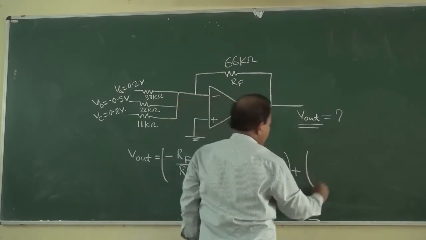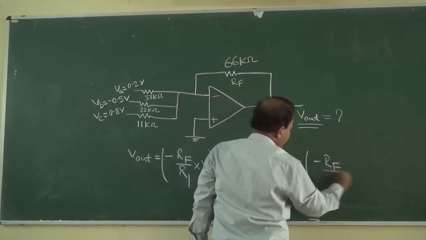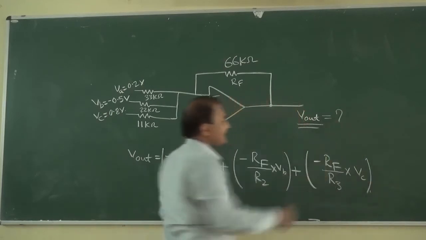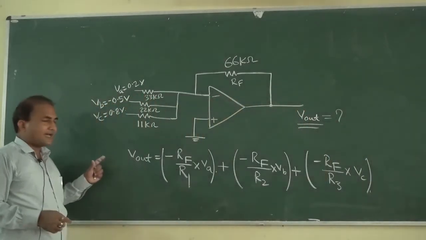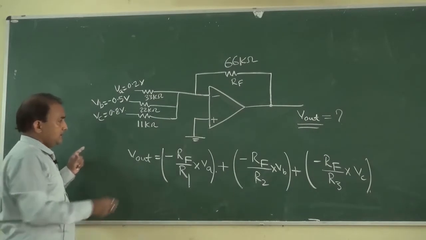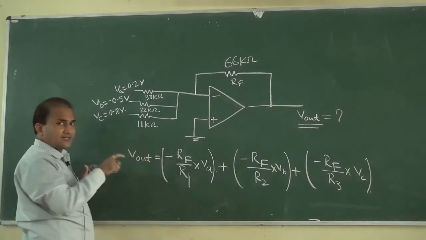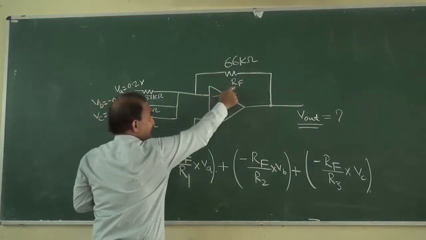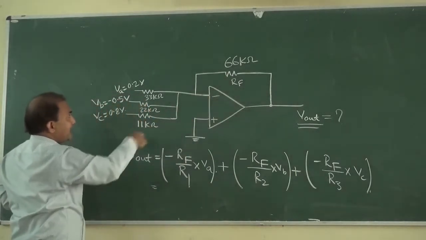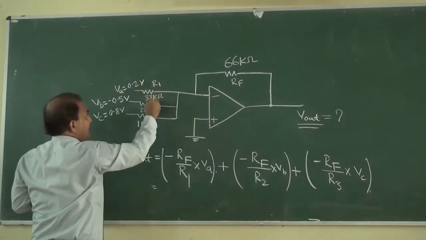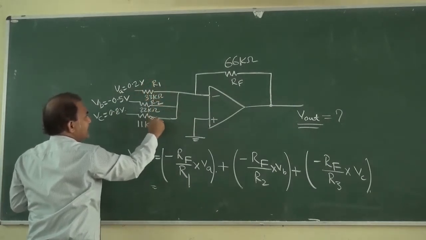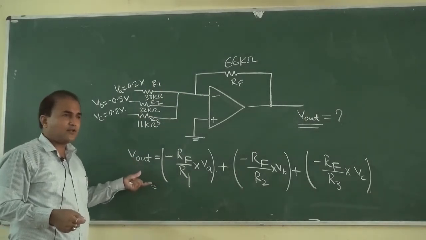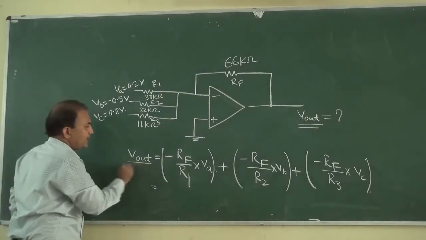Then again minus RF by R3 into VC, like this. This is by using the superposition theorem. Here RF is 66 kilo ohm, and this is R1, this is R2 and this is R3.